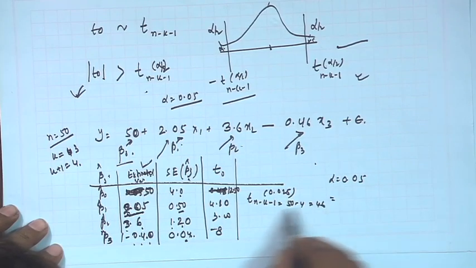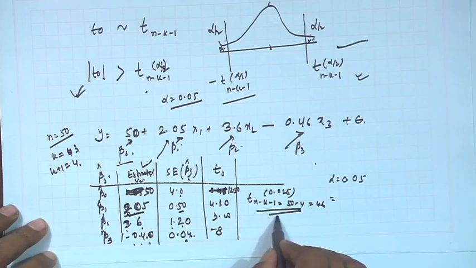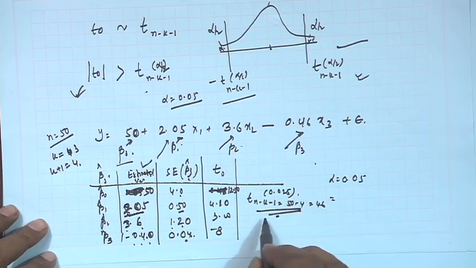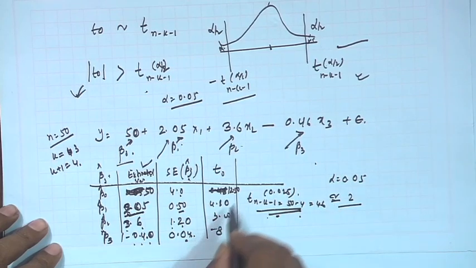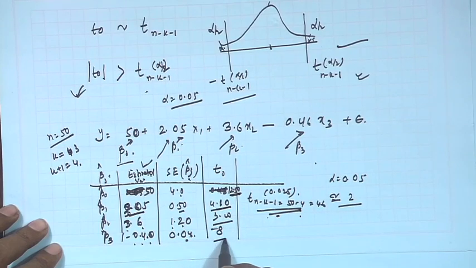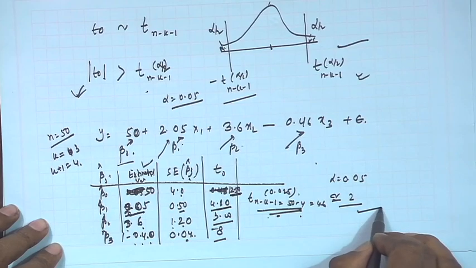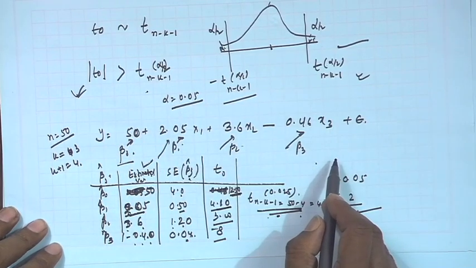So find out this value from the statistical table. Usually this value will be around 2. So the absolute values of all these are more than 2, which means all the parameters are individually significant.